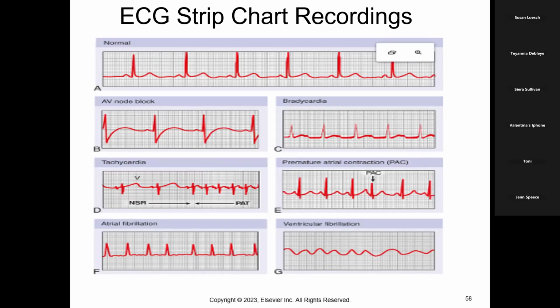Now, bradycardia is usually less than 60. However, in an athlete or an older adult, that could be normal. Tachycardia is greater than 100, but the rhythm is usually normal.